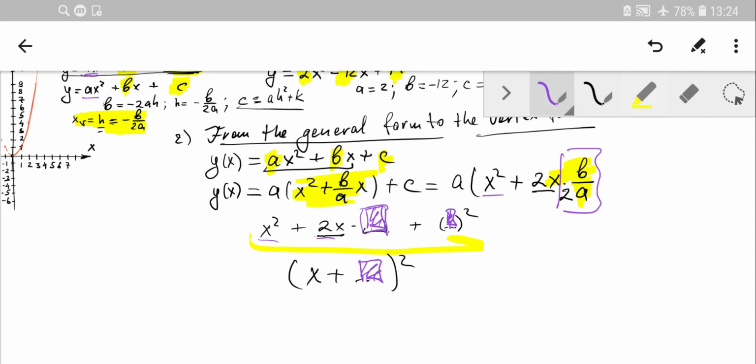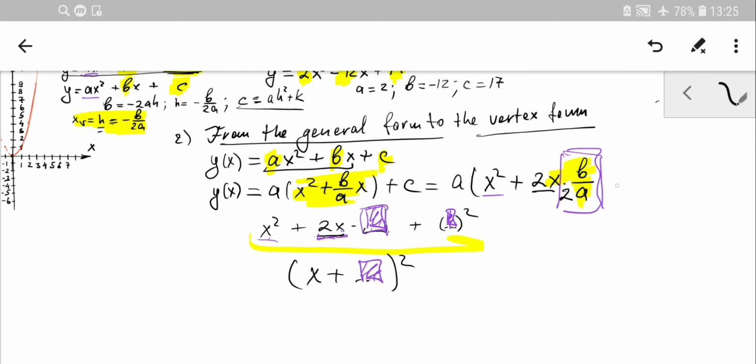X squared, okay, we have according to the formula. Then we need to have the double product of your previous term, x, and something that you later raise up power 2 according to the formula. So this purple square is exactly the rest part of your expression. So that's why you design it this way: b over 2a.